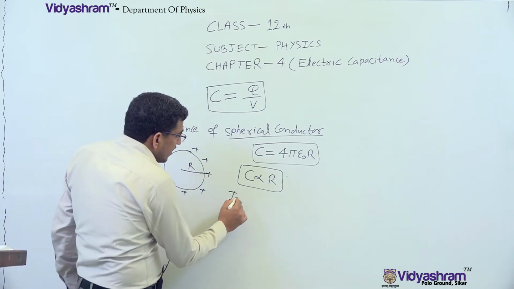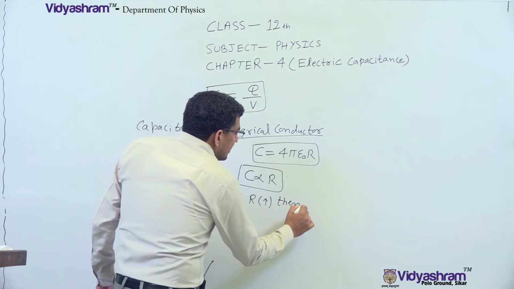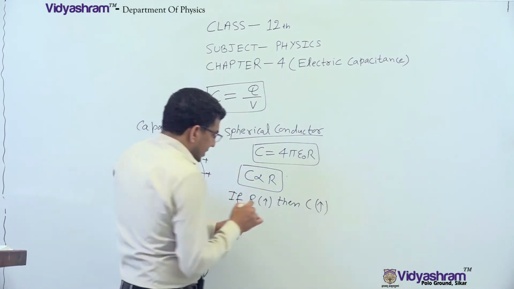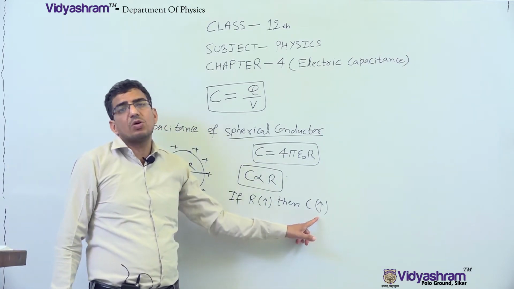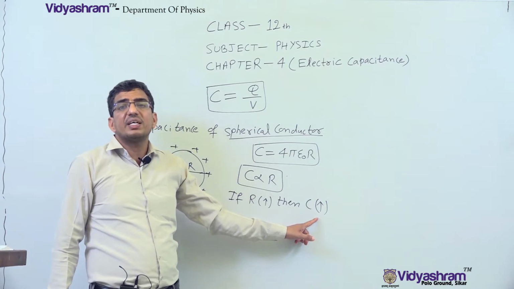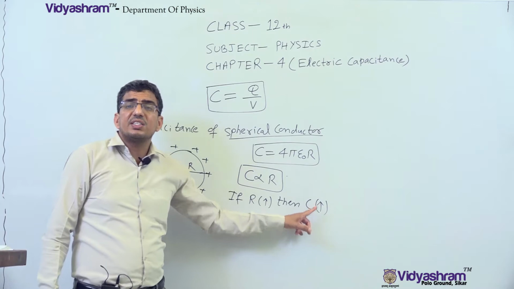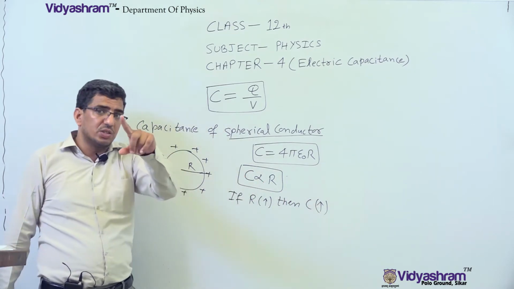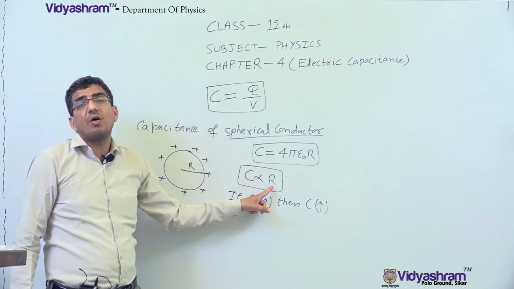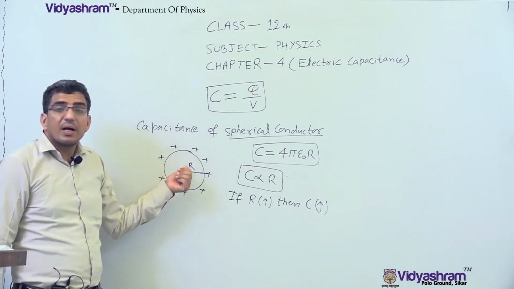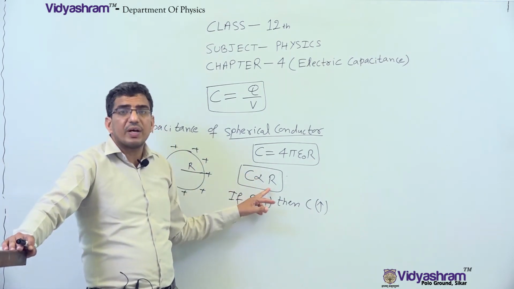If radius R increases, then capacitance also increases. So capacitance depends on radius, or we can say that capacitance depends on the size of a conductor.